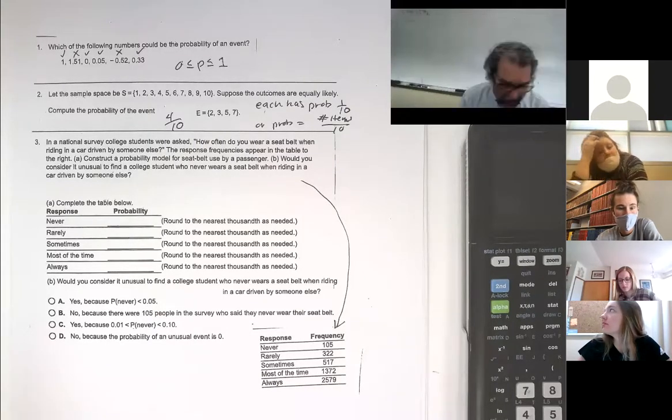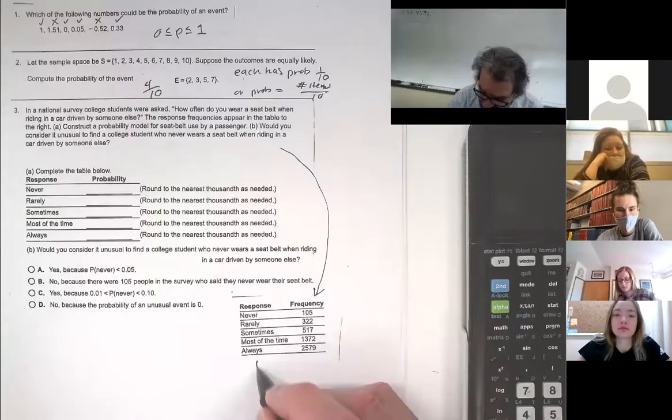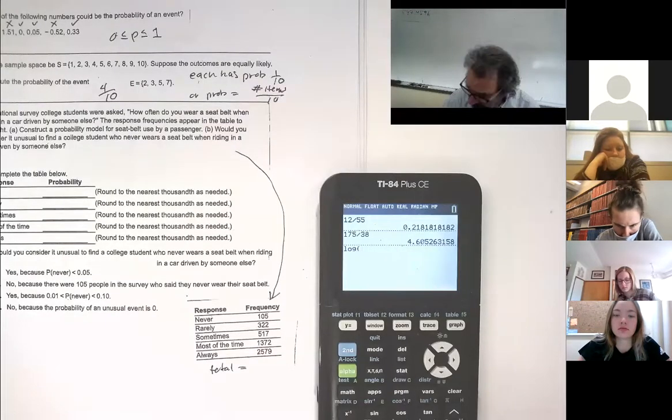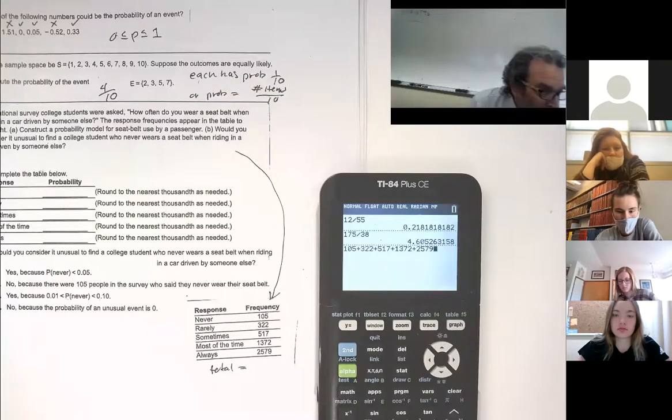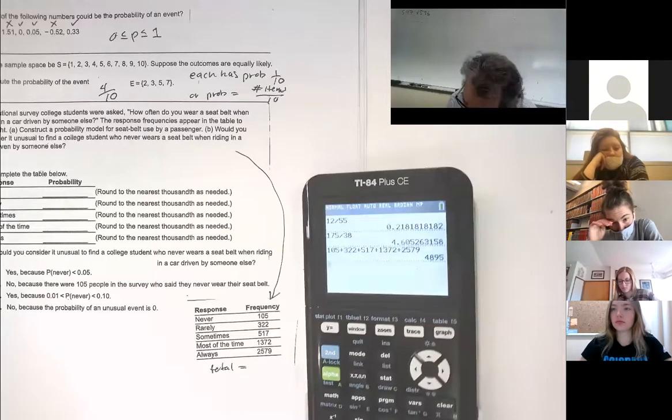So we're going to take this table here and find the total. Okay, so the total of all those, did I get that right? Okay, so I get 4895.